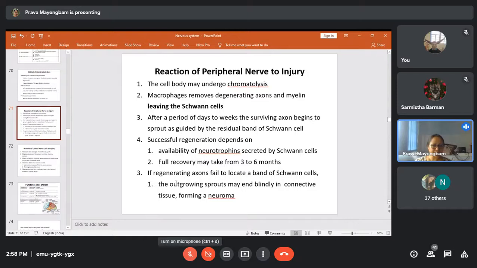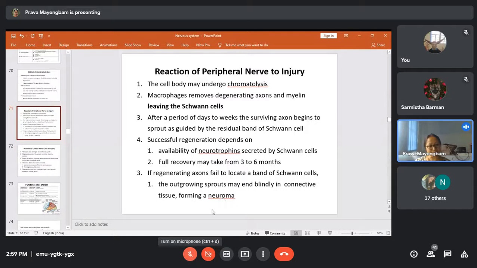If the regenerating axons fail to locate a band of Schwann cells, the outgrowing sprouts may end up blindly in connective tissue. That means instead of becoming a myelinated axon again, it will turn into connective tissue, and it will lead to the formation of a scar.